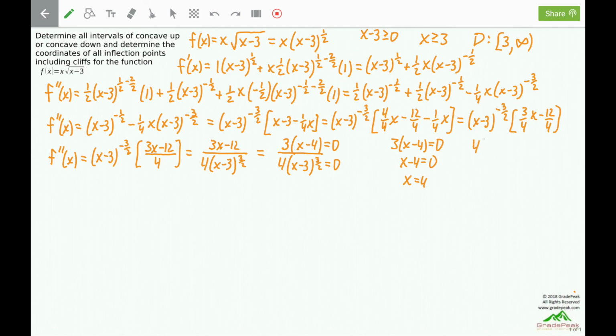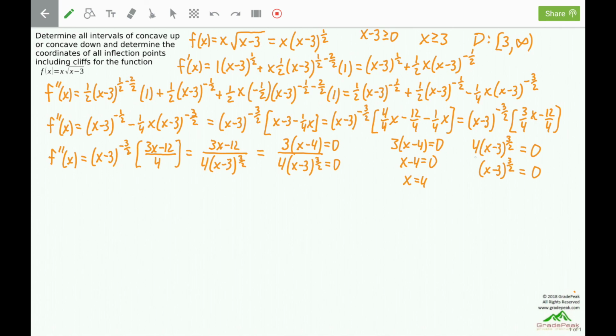And now the denominator, 4 times x minus 3 to the 3/2 power equals 0. We can divide both sides by a 4. So x minus 3 to the 3/2 power still equals 0.